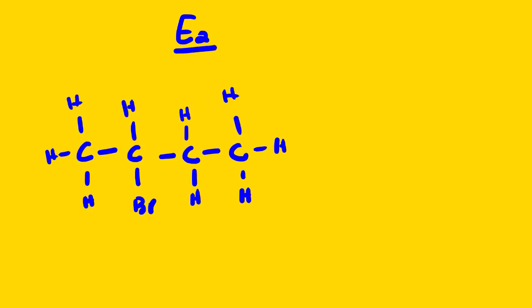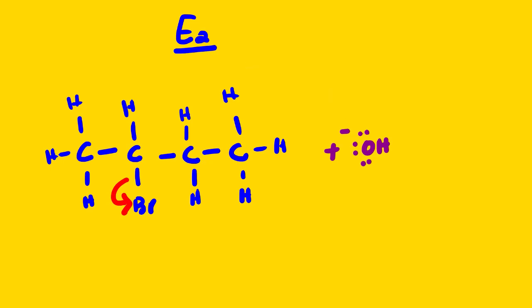Let us quickly look at this reaction. We are reacting it with a strong base, which is hydroxide. This reaction will undergo E2, so it means we have a leaving group leaving, and then we have two options.